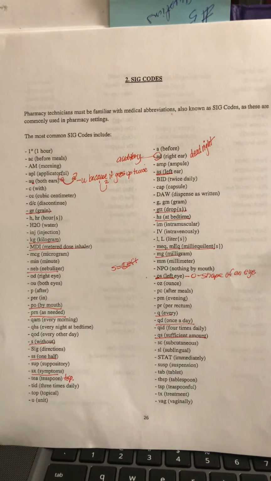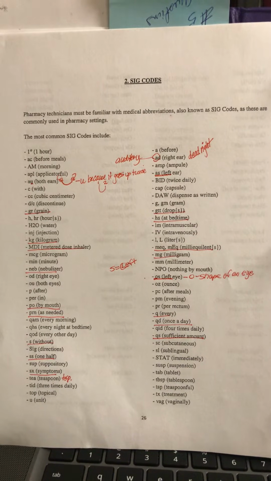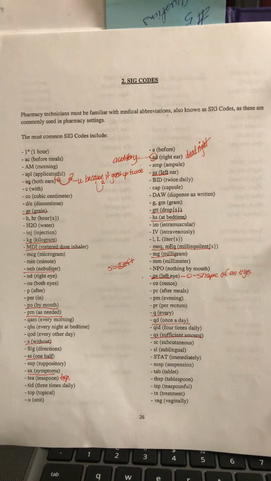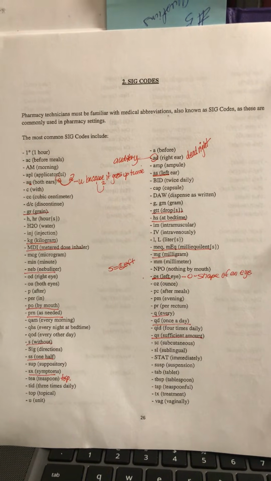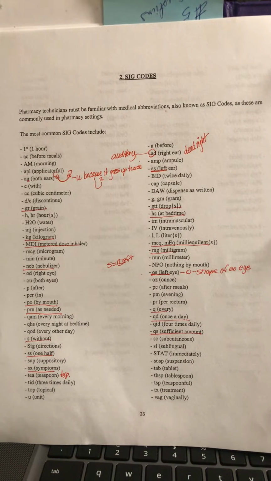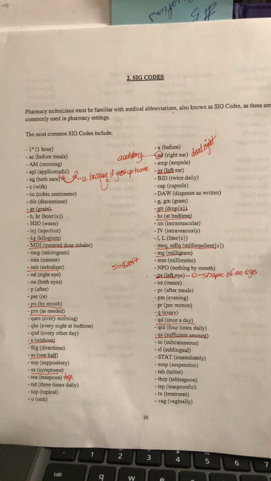So if you have an AD, that is your right ear. So A for auditory helps you remember. D means right. Okay? And you'll see that a couple of times.